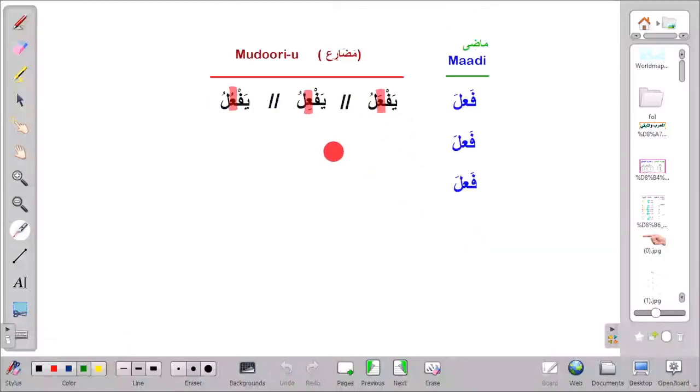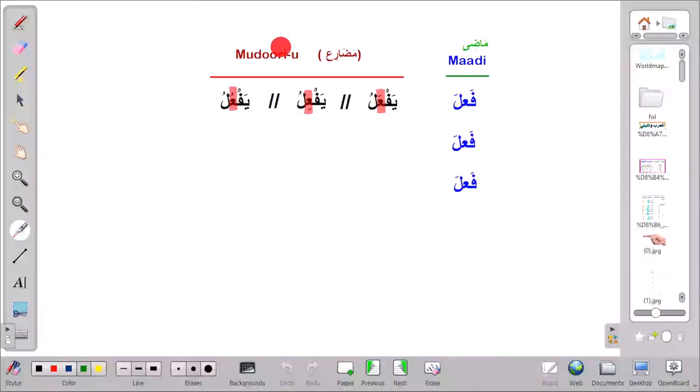We are trying to explain something here, as I said. If you observe very well, we have looked at fi'l al-madi. Okay, in Arabic we said there are three forms of verbs: fi'l al-madi, past tense; fi'l al-mudari', present tense or future tense; and then fi'l al-amr, the command.